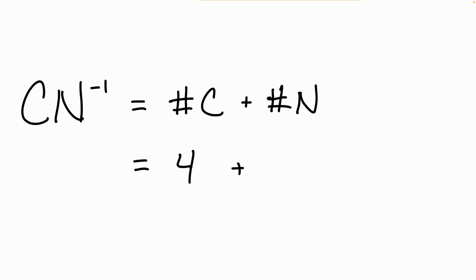So when we total up our number of electrons to work with, we're going to have to account for that extra electron there. So when I'm totaling up my electrons here, I'm going to have the number of valence electrons from carbon, which is 4, plus the number of electrons from nitrogen, 5, plus that extra 1 that I get from my net charge.